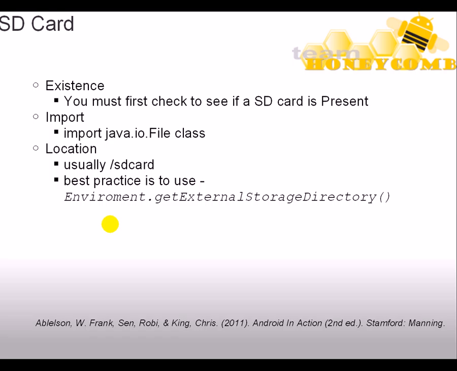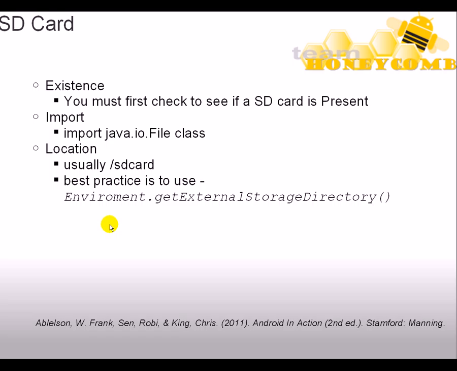When you import Java IO file classes, you're basically reading and writing to and from the SD card, and you use the same Java IO, like the file input and file output streams. If you see the previous part, when I talked about reading and writing files, you would use that same methodology for the SD card.